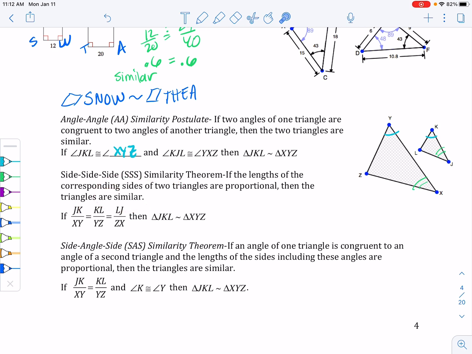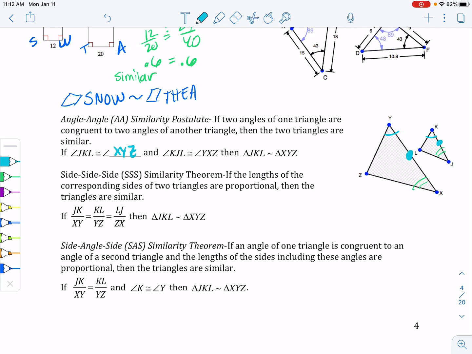So we've got JK. Now on our pictures, you can't put congruencies because they're not the same. So I like to put shapes so that I can visually see that they're corresponding. JK is this one, so JK corresponds to XY.